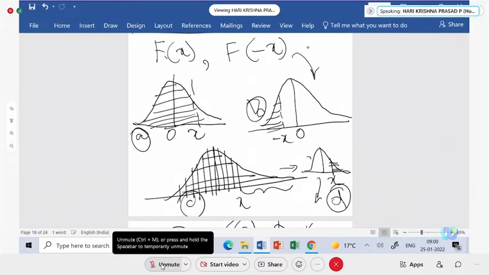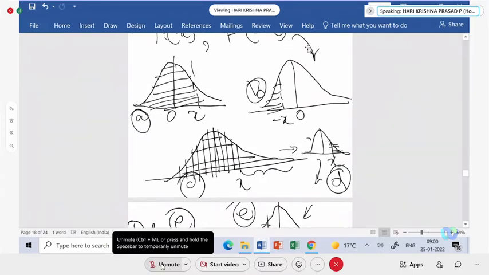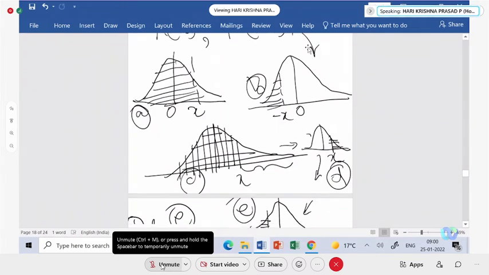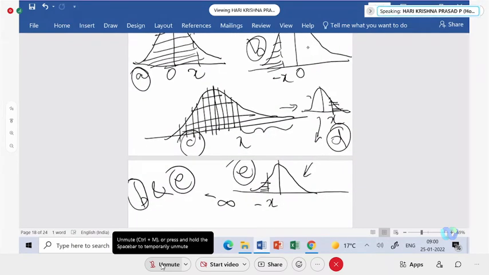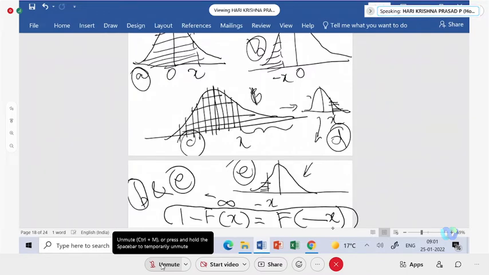How did I get figure B? By subtracting f_X of x from 1. Is it clear? Yes, sir. So 1 minus f of x, I did actually, I got f of minus x. This is how we concluded this statement. I hope things are clear, right?